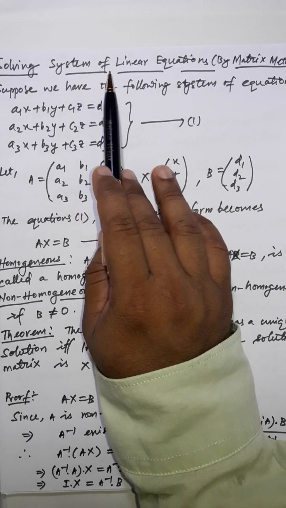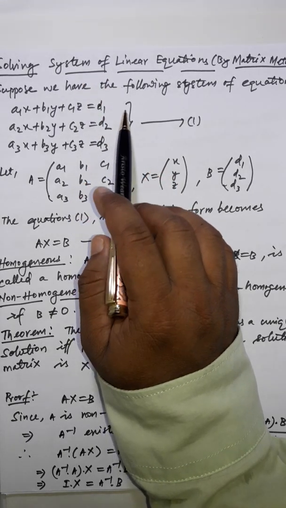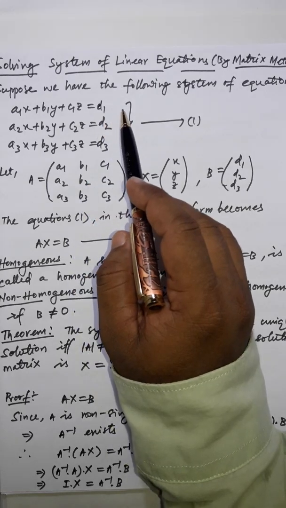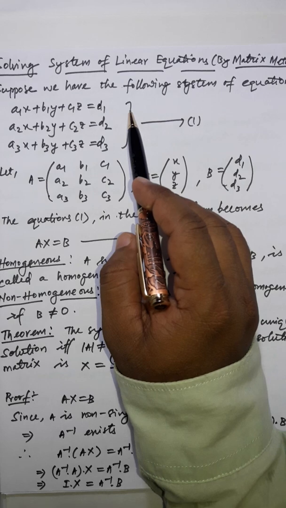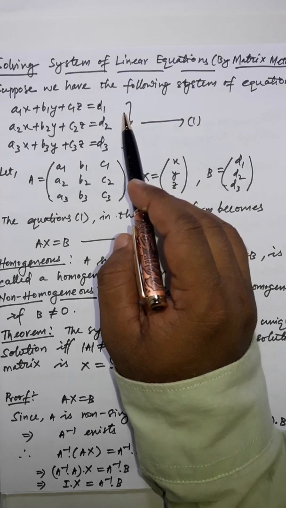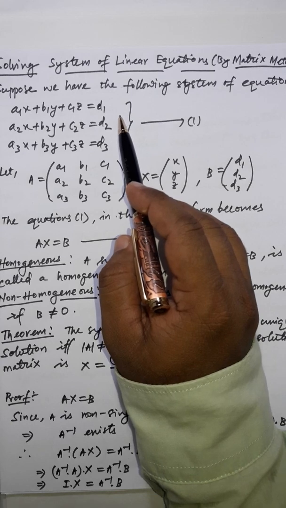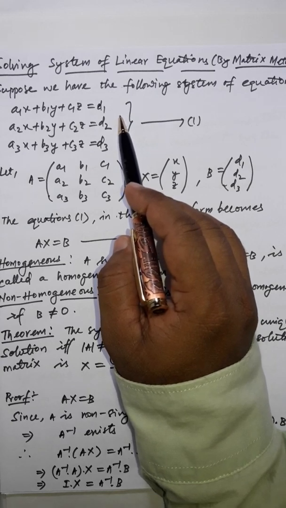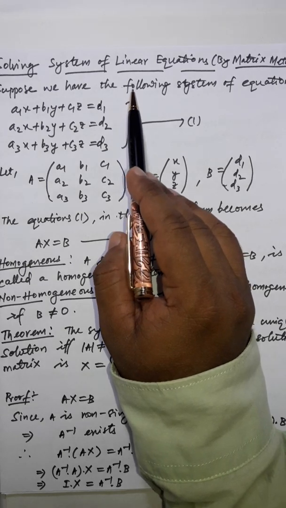A system of linear equations means more than one equation combined together, of which we have to find a common solution. If more than one linear equation are taken together to get a common solution of them, then it is called a system of linear equations.